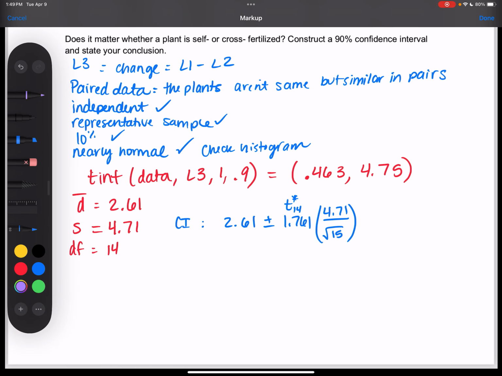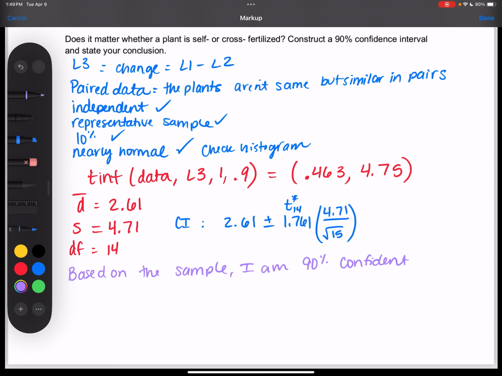Based on the sample, I am 90% confident that cross-fertilized plants will grow between 0.463 inches to 4.75 inches taller than self-fertilized plants.